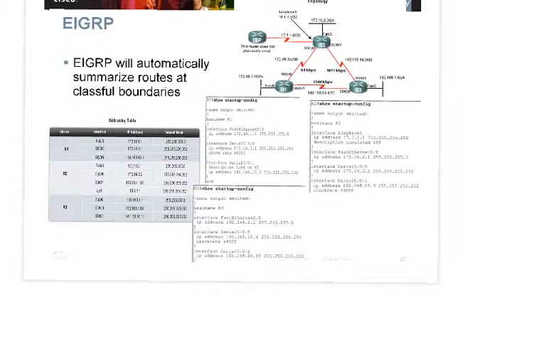However, and focus here, the default mode of EIGRP uses automatic summarization at classful boundaries. That's a little bit confusing. Although EIGRP is in general a classless routing protocol, when it comes to auto-summarization, it summarizes the subnets based on the classful boundaries.